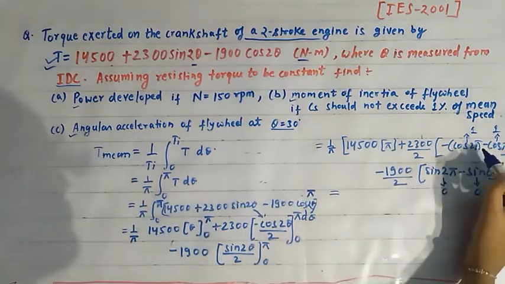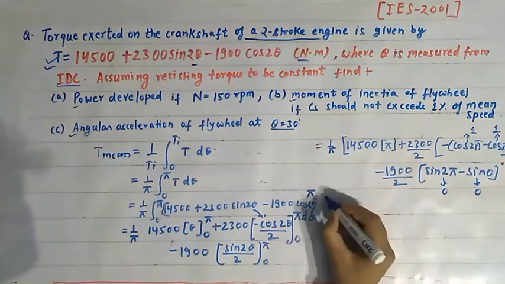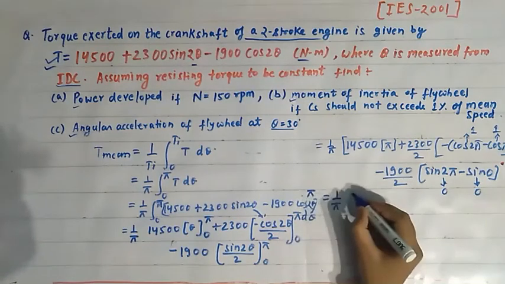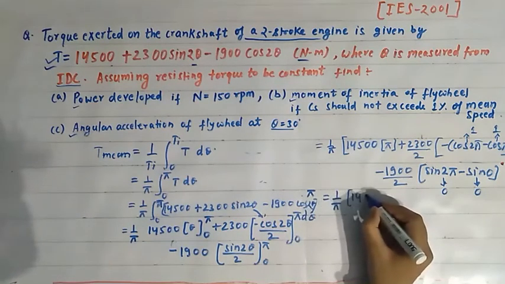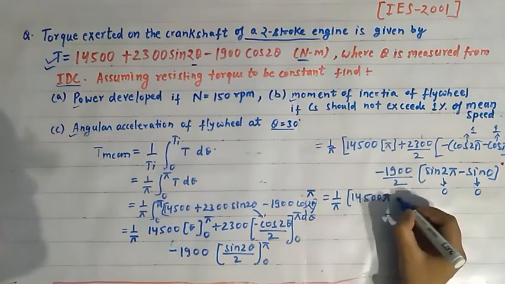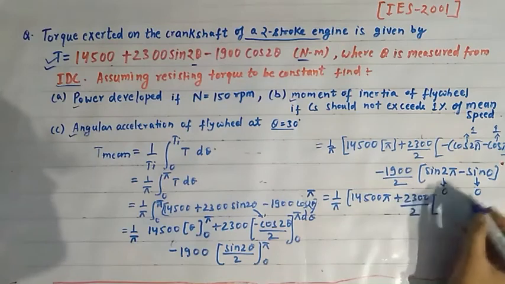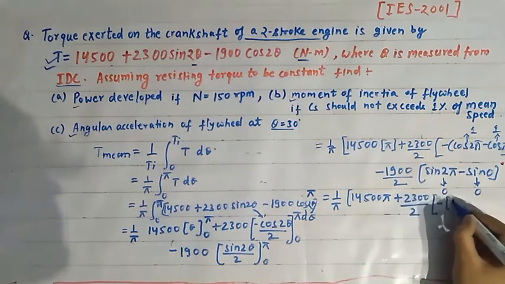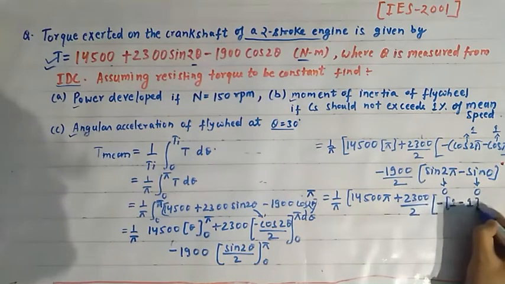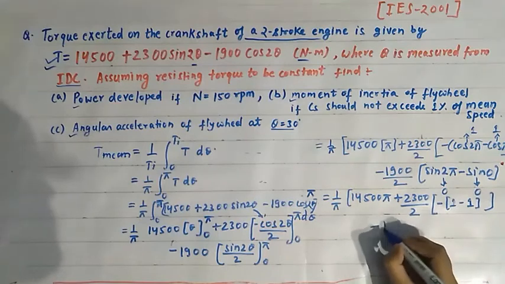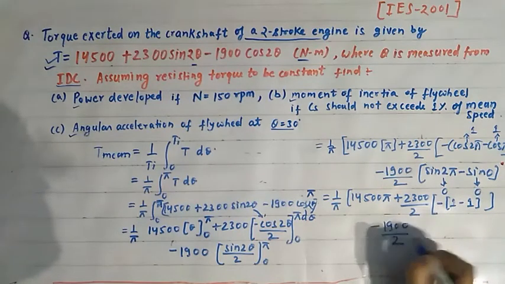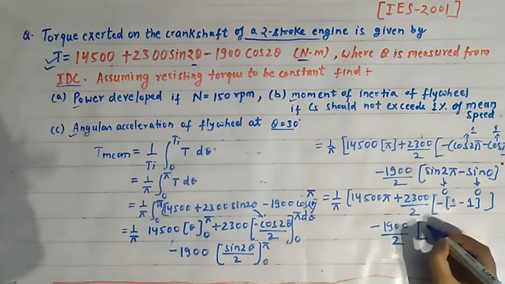So the expression will become 1 upon pi, 14500 pi plus 2300 divided by 2 times minus 1 plus 1, minus 1900 divided by 2 times 0 minus 0.